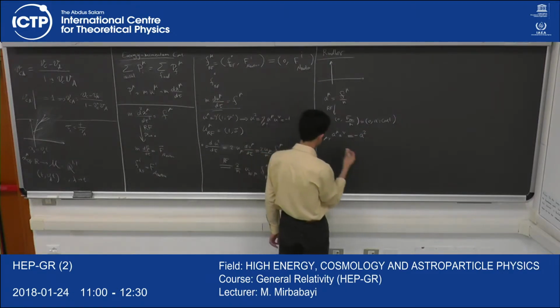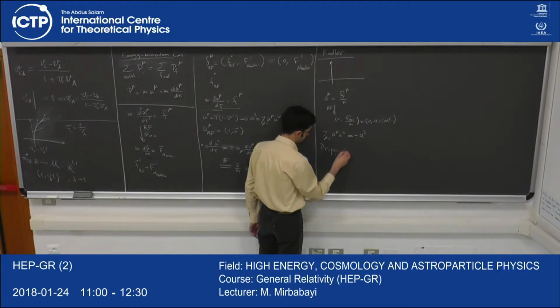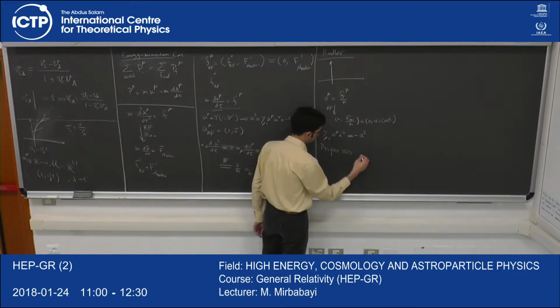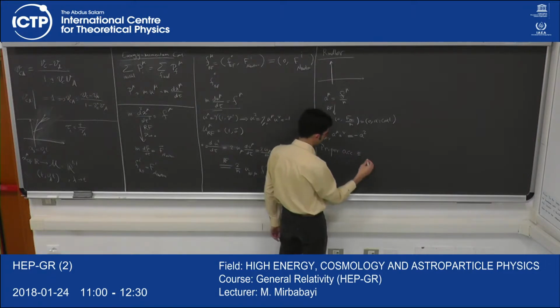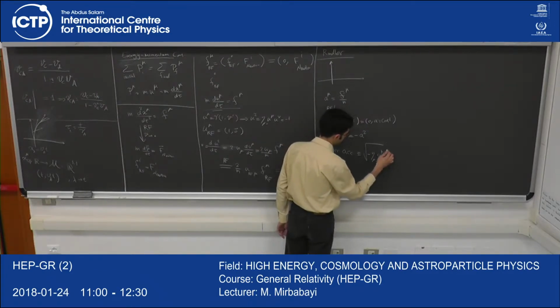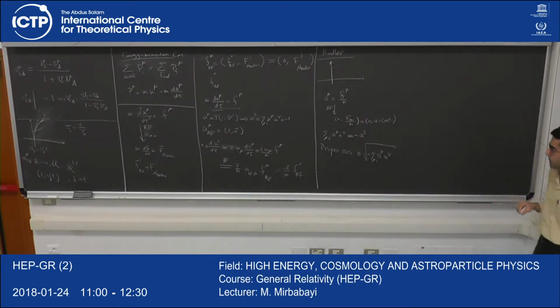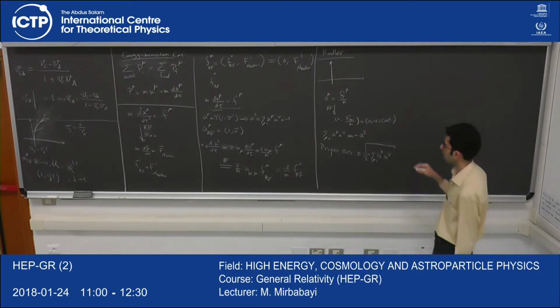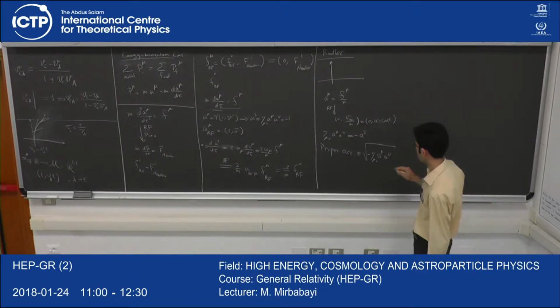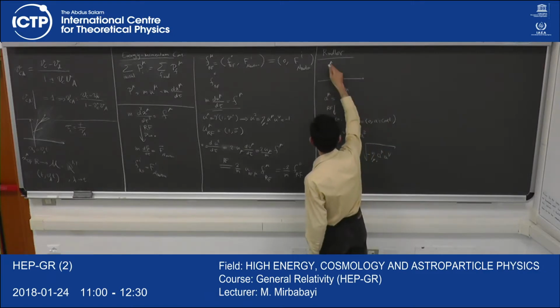So proper acceleration is defined as the square root of eta mu nu a mu a nu. And for a linear observer, we are taking this to be a constant. Now, what is going to happen?